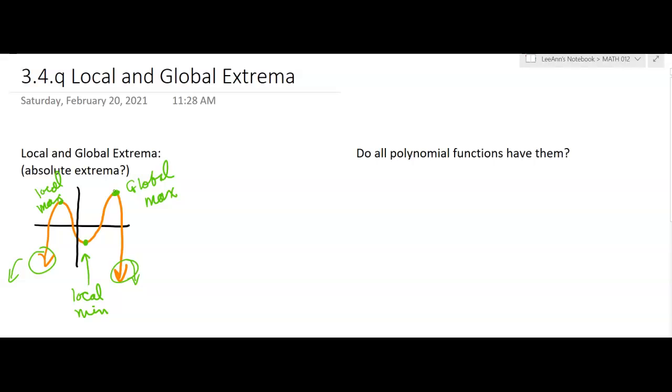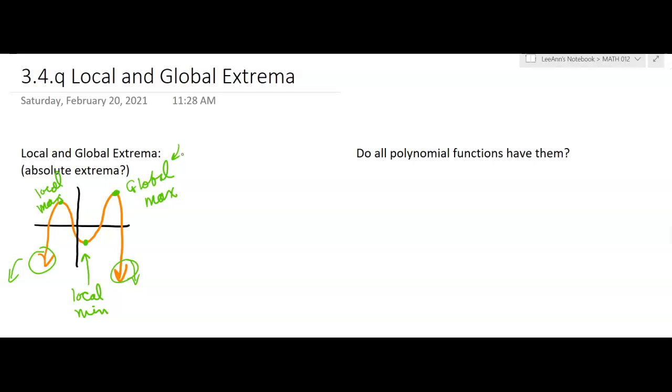So if the domain is restricted, then I tend to think of it more in terms of the absolute extrema. They use global and absolute interchangeably sometimes. I noticed that in different books. Global is not always a word that I've seen in all textbooks, but absolute is a little more common.